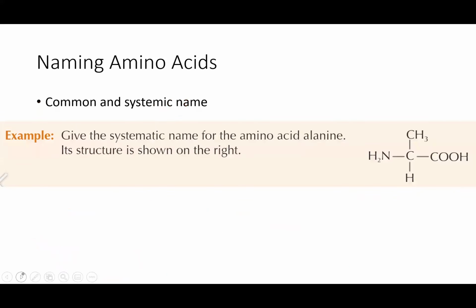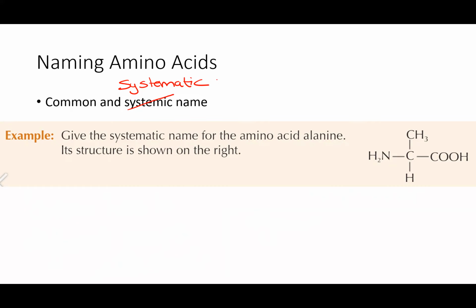So, naming amino acids. Amino acids have a common and a systematic name. Common names are things like glycine or valine, but each one also has a systematic name.